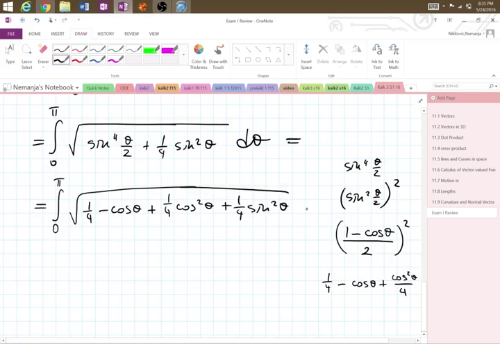Looking good over here. So these two terms, what happened? Yeah, the first one is 1/2.